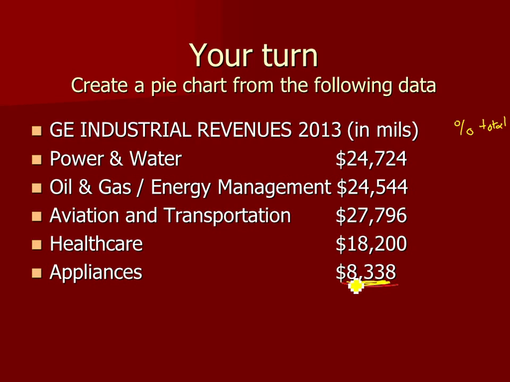This isn't even all of their revenues. There's actually more revenues that they get from financial management and other services.